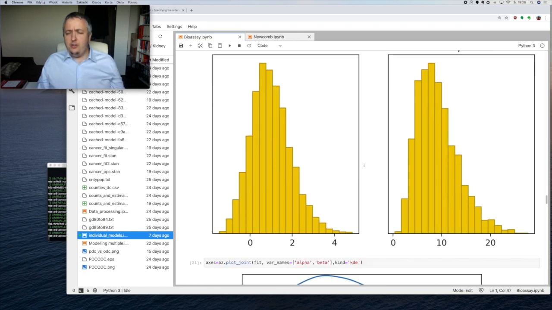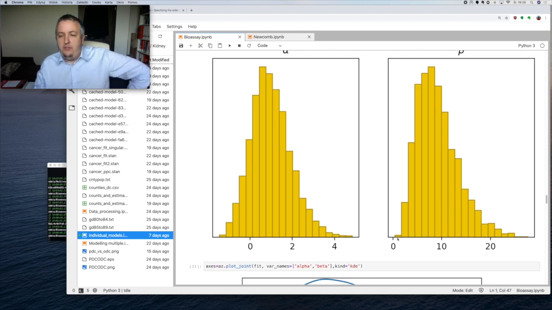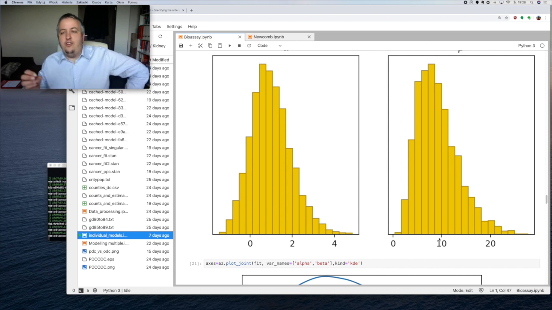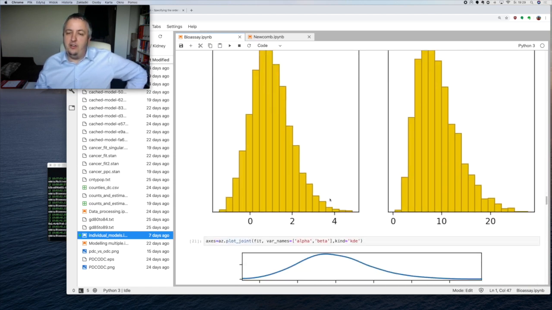If we look at the marginal distributions, we can see that the alpha parameter is relatively small, between 0 and 4, and the beta parameter is rather strong. The relationship between those is, first of all, certainly positive. So increasing the dose increases the lethality according to our model, and we have a large spread, so we have much less confidence in beta than in alpha.